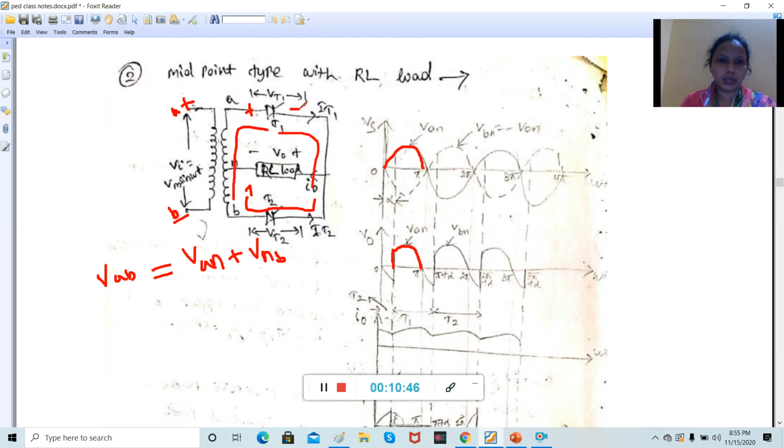If I apply KVL starting from this, this is your plus and this is your minus. In this case also this is plus and this is minus. So if I apply KVL here, this is minus VT1, then next is this point, plus VT2.